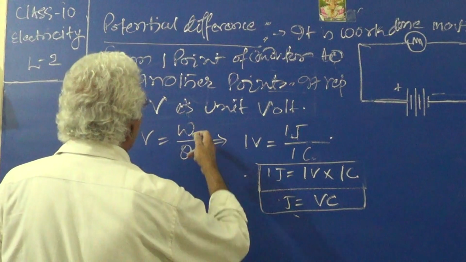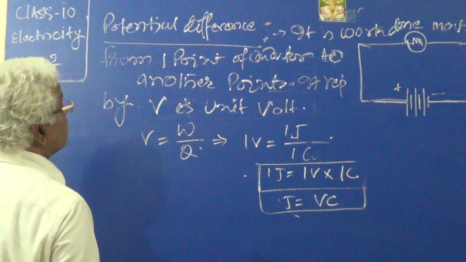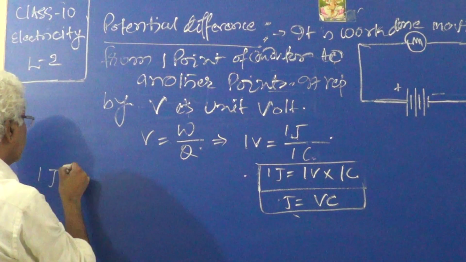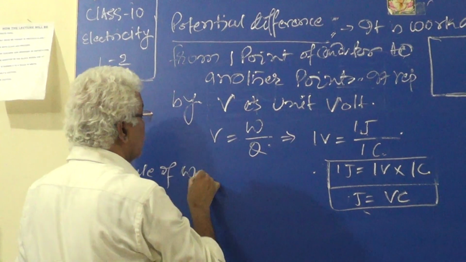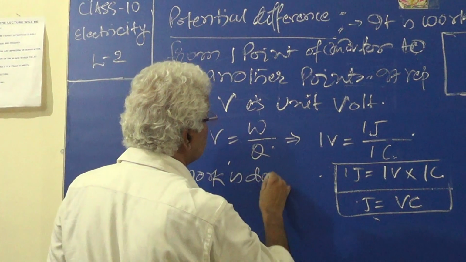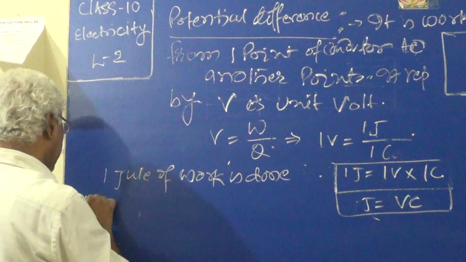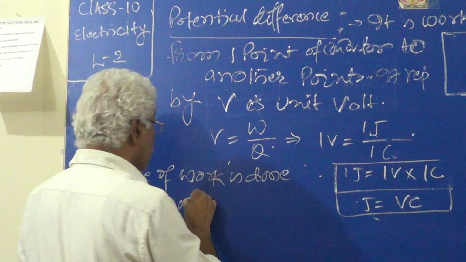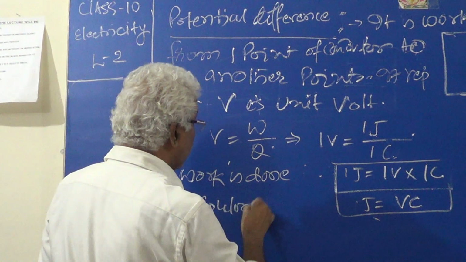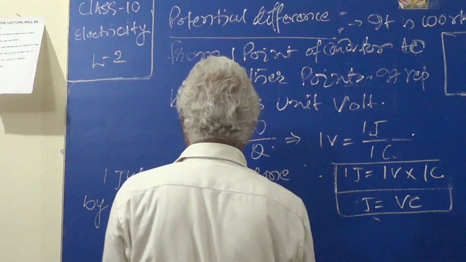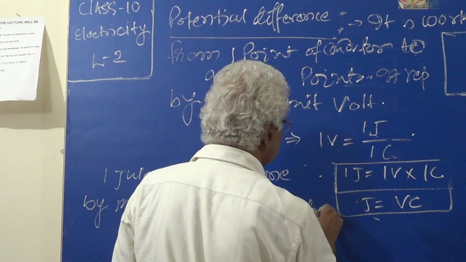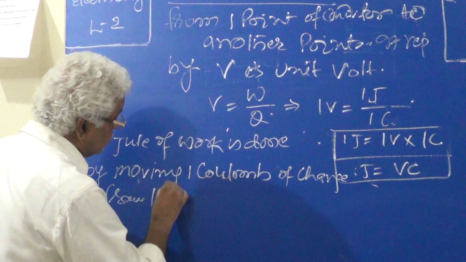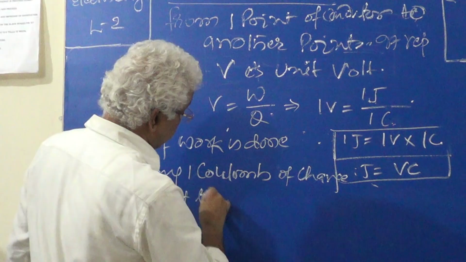If you take 1 joule, what's the difference? 1 joule of work is done by moving 1 coulomb of charge from one point to another.